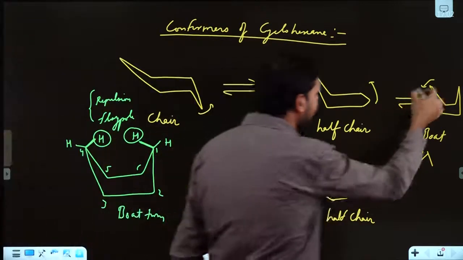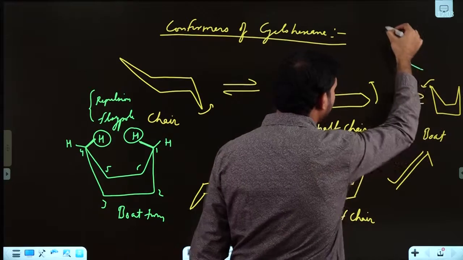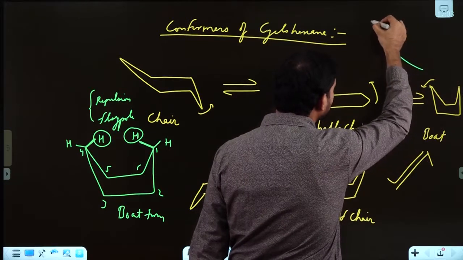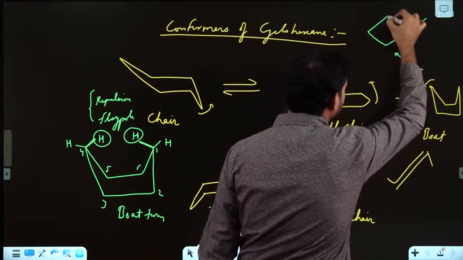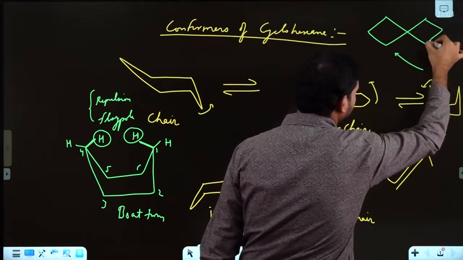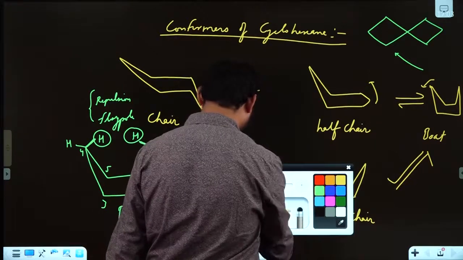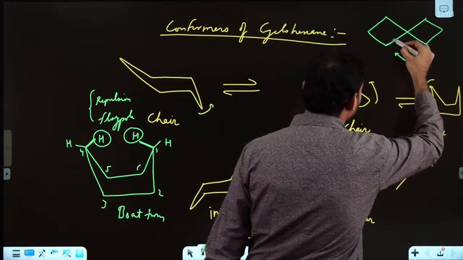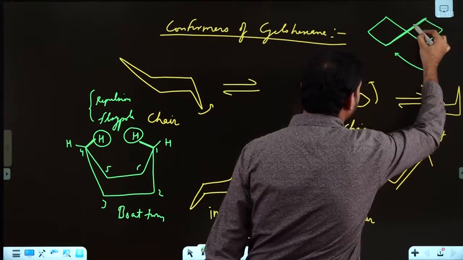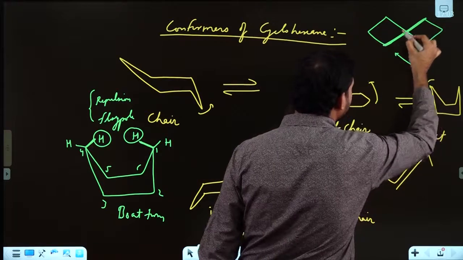So you can just see here, this part will be twisted towards you, you can assume this part as towards you. This is in 3 dimension.